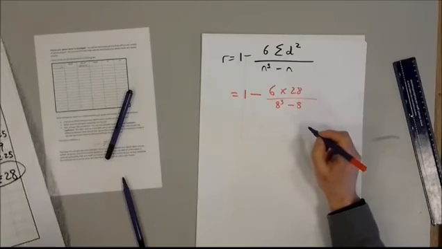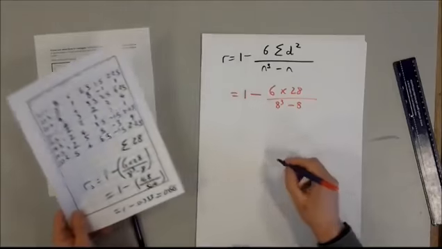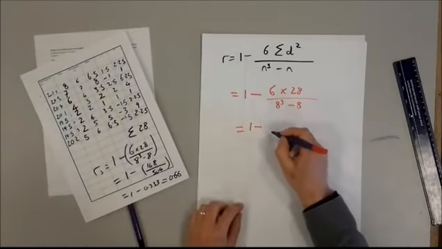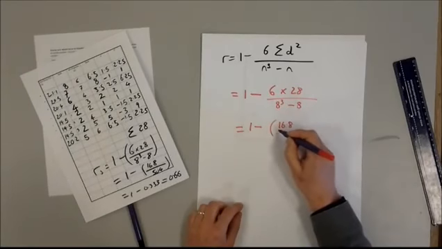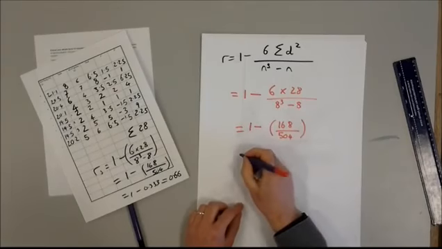Time to get a calculator. I've cheated and done it in advance. So it's going to be equal to 1 minus 168 divided by 504. I've worked that out on my calculator. Then take it away from 1.